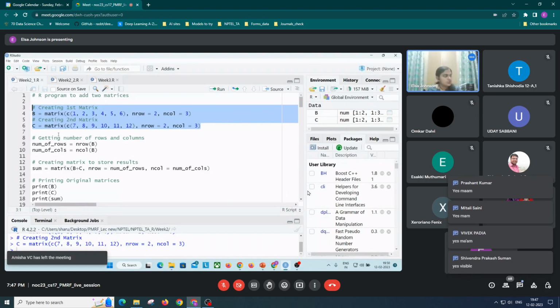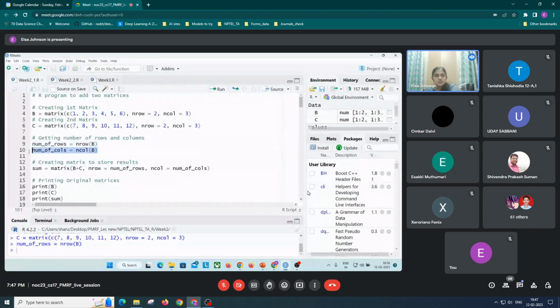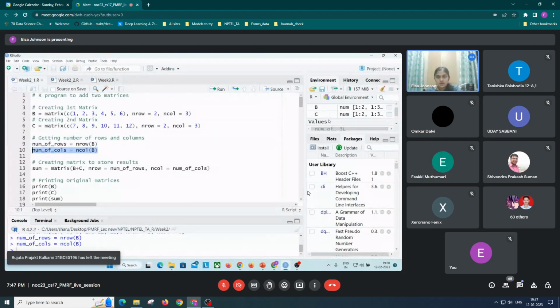First, we'll get the number of rows and columns. The number of rows of B you can calculate with nrow of B, and the number of columns with ncol of B. If you type like this, the number of rows and number of columns will come like this.